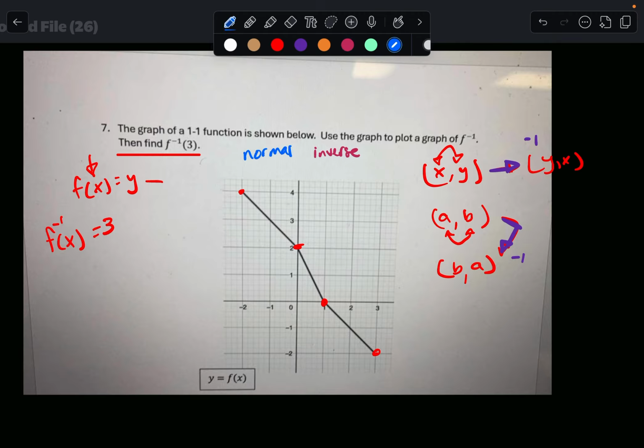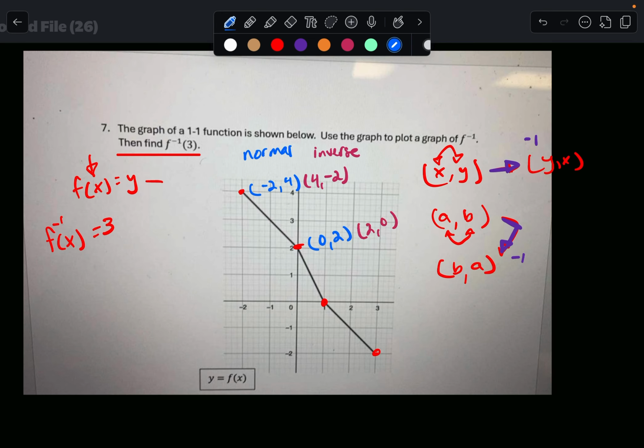So this point is going to be -2, 4, and then the inverse is going to be 4, -2. Just flip them. Then this point is going to be, and I'm moving it along the x-axis, 0 and 2. Then the inverse is going to be 2, 0.